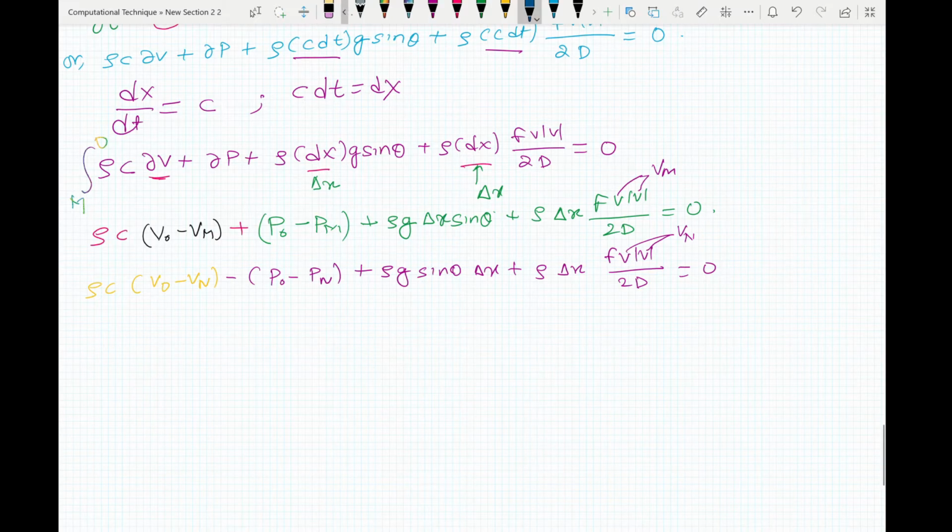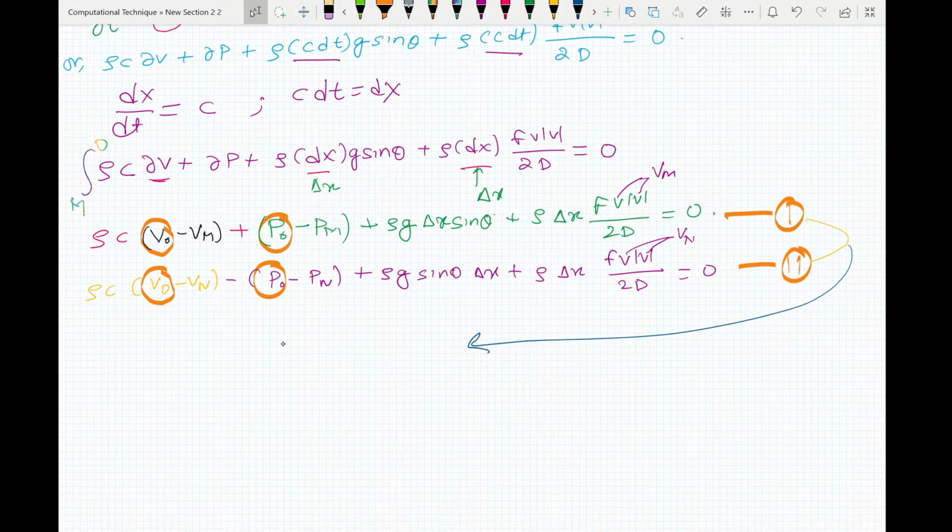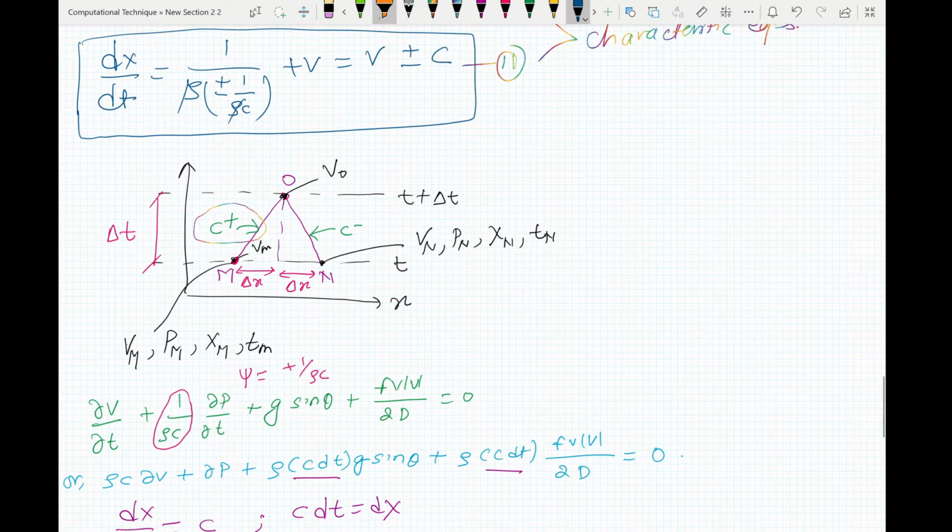Now since we have two unknown variables here, which is this one and this one, and two equations here, we can solve these and obtain our unknown variables, which are the velocities and pressures at point O, this point here.